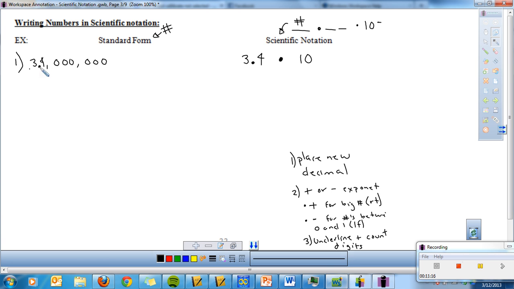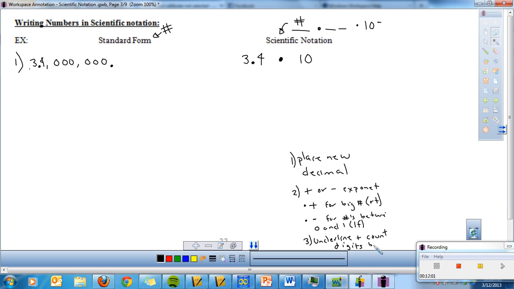You also can tell because if we were to count to the end of our number this way, we're going to the right. So remember, if it's a positive exponent, you're going to the right. We're trying to get to where our other decimal place is. We're trying to figure out the number of spaces between two decimal points. Here's our first decimal point that we just placed, and our other one would be here because after this is where the number ends. So I know we're going to use a positive power here. Next, we want to underline and count the digits, and let's add to our steps.